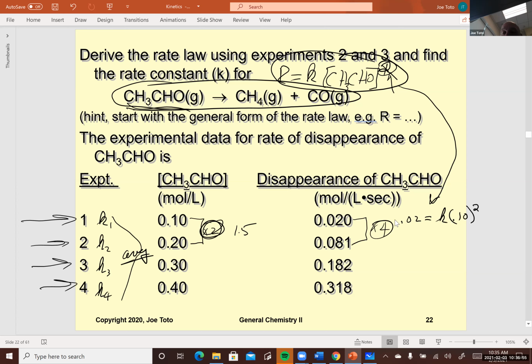And so I solve for K. And I do the same thing here, 0.081 equals K times 0.2 squared, and solve for K. And then take the average of all my experiments, and that'll give me my best K. But sometimes, if you're in a test, just finding one will allow you to pick the right answer in a multiple choice, because all the other ones are far away from it.